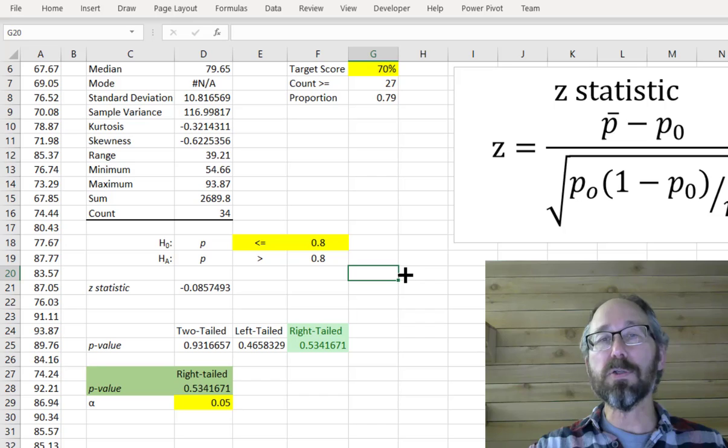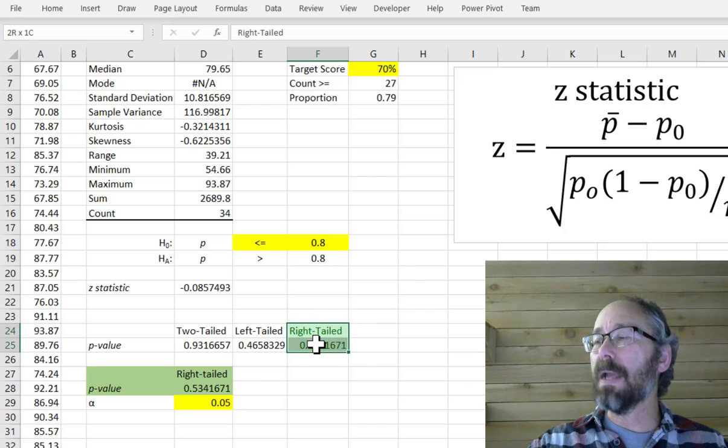The null hypothesis would claim that the proportion of the population that will pass this class is less than or equal to 0.8. So our alternative hypothesis is that more than 80% of the population proportion would pass this class, again based on this sample.